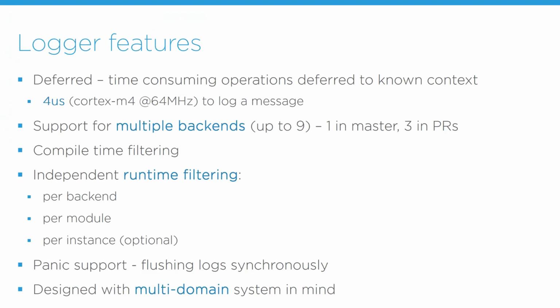It means that you can, at runtime, enable and disable logs per module. And this is actually independent also per backend. For example, if we have 2 backends, one is UART and the second one is, for example, flash log, and you want to log to flash only the errors, you can configure filtering for that backend to log only errors in the modules and have many more logs processed to UART at the same time.